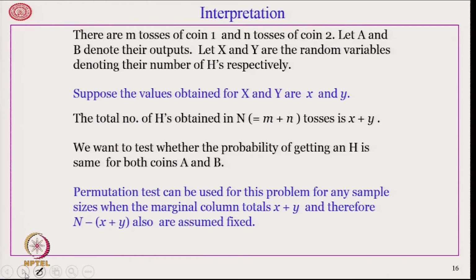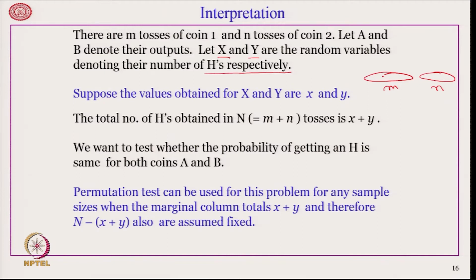So, what does it interpret to? Suppose there are m tosses of coin 1 and n tosses of coin 2. Let A and B denote their outputs. Let x and y be the random variables denoting the number of heads respectively. So, suppose there are m tosses here and n tosses here.